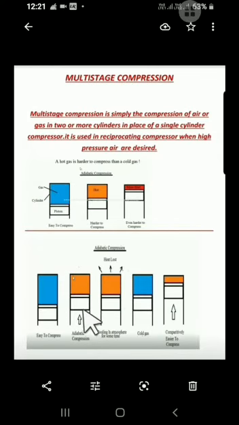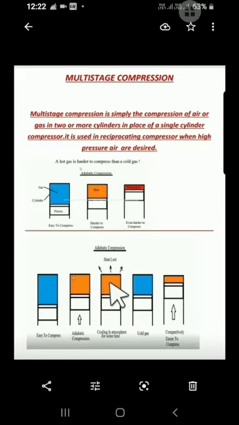If this piston cylinder arrangement is kept in an environment, then this hot air loses its heat. If this cylinder is made of some conductive material, then this hot air loses its heat to the environment, because heat always transfers from high temperature to low temperature.